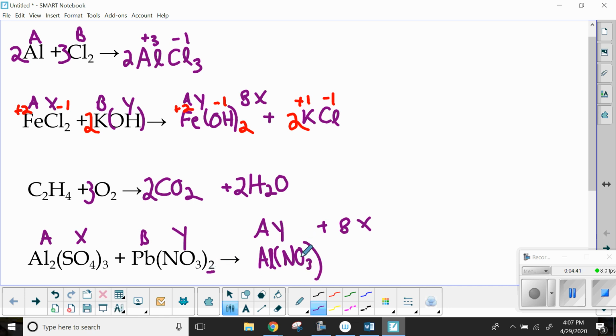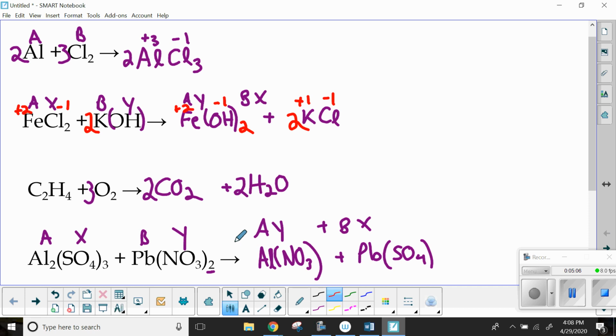This 3 does because it's part of the polyatomic, but this 2 does not come over. And then I've got a Pb, lead, plus an SO4. Again, notice this 3 did not come over, and that's because we need to check our charges. This 4 did come over because it's part of the polyatomic.